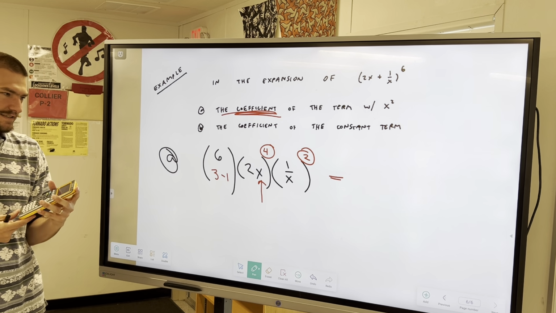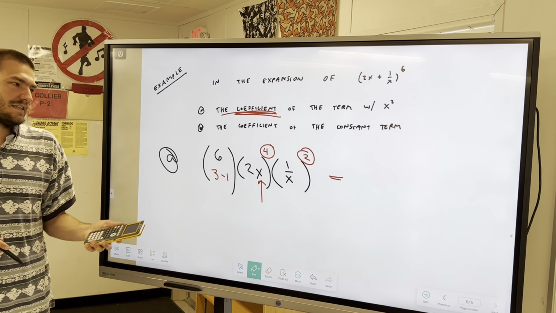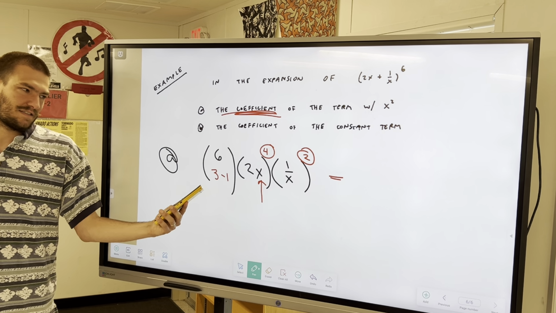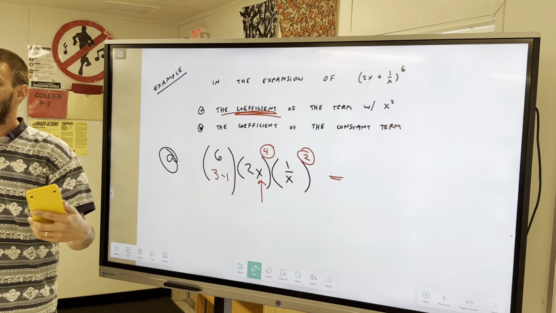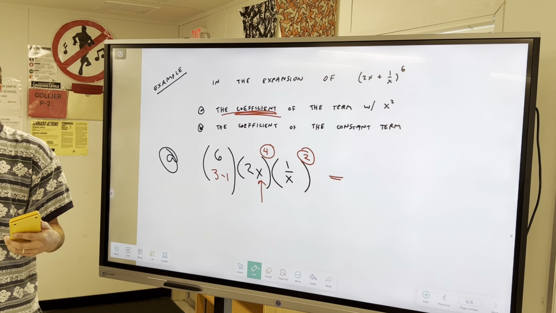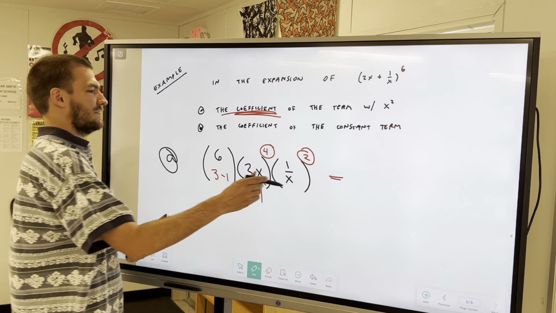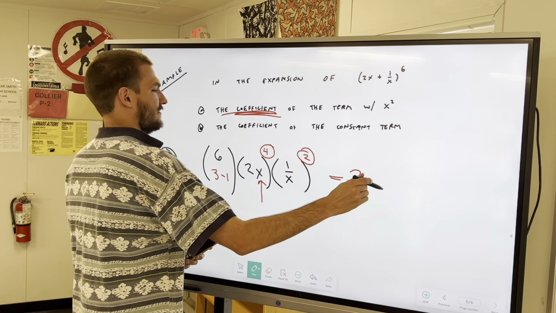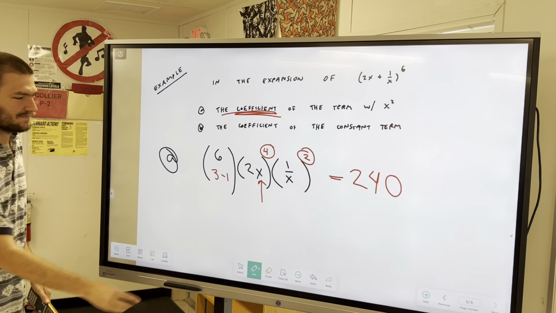The calculator doesn't take the x's very well. We're typing in only the numbers that are not the x's. 6 choose 2 times 2 power 4. Yeah, 240. Nice job.